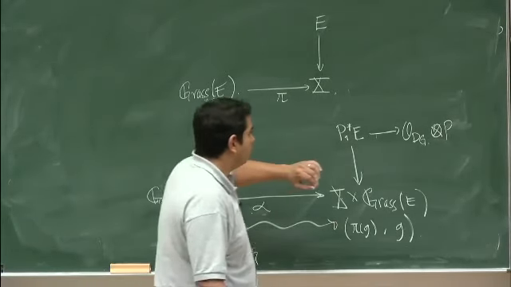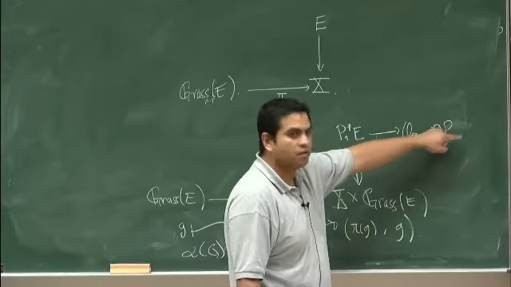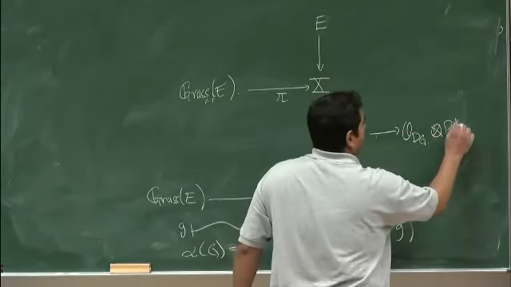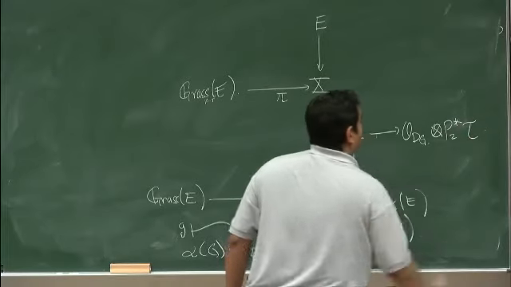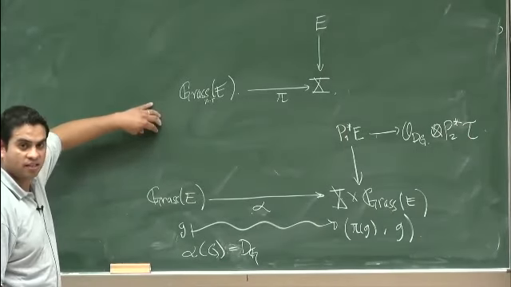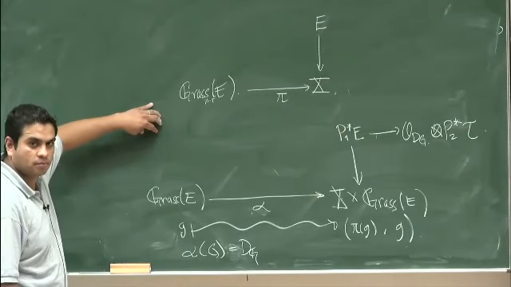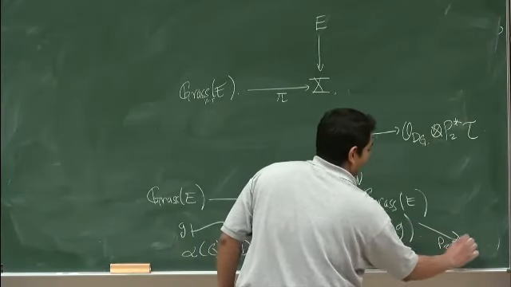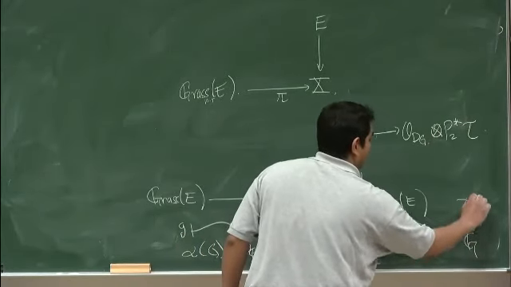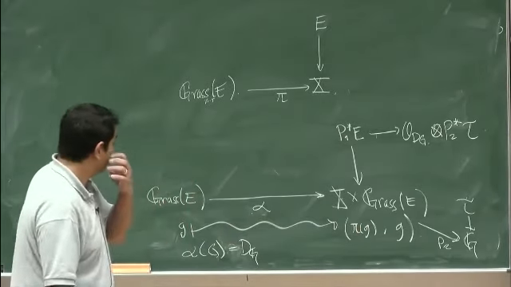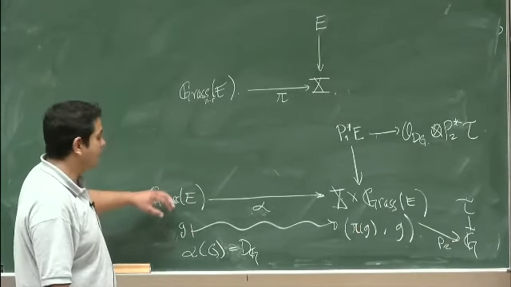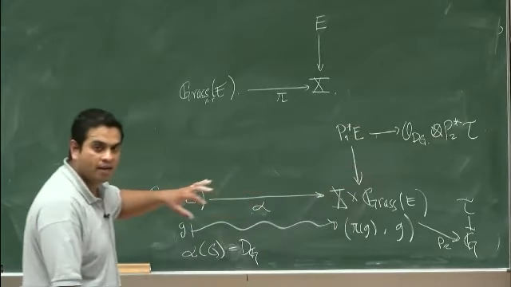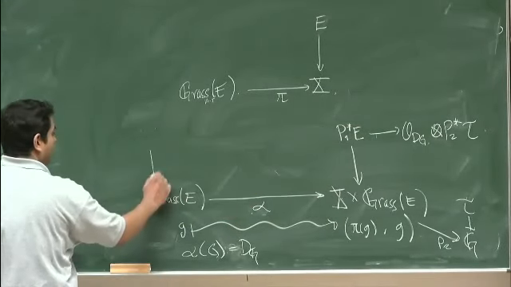Yes. I'm going to take the product, but in this case, with the pullback of the tautological here, where the tautological is defined here. Yes. In fact, I have the tautological here, the projection. Yes, and then to define this morphism in a canonical way, I need to define it first here.